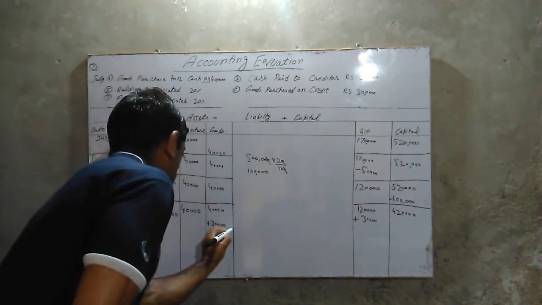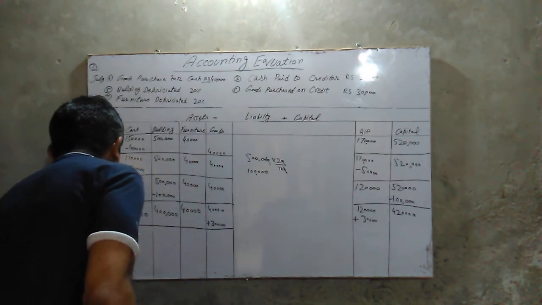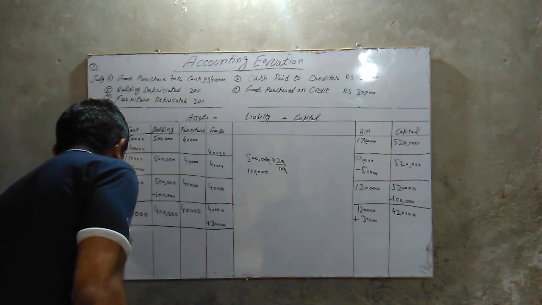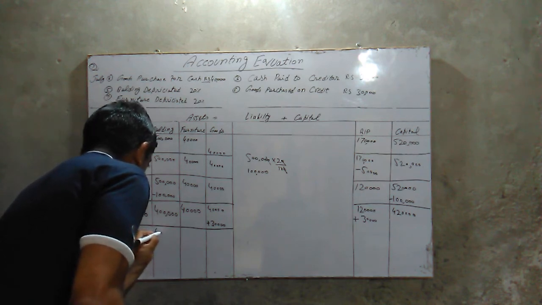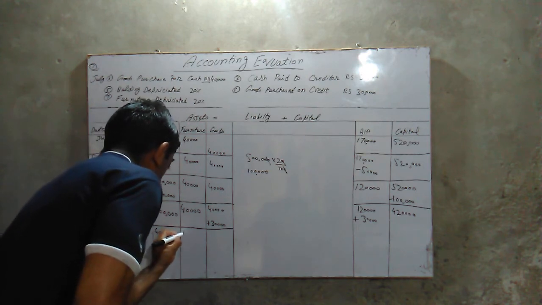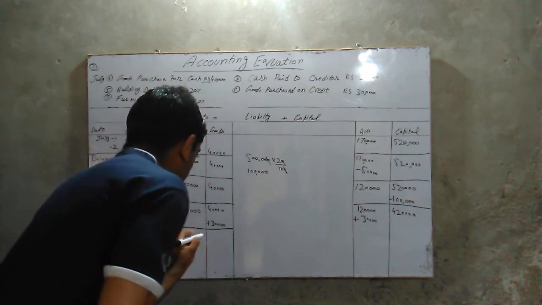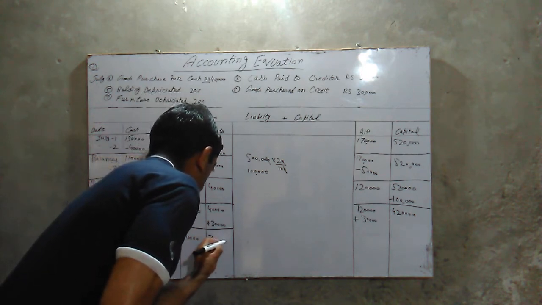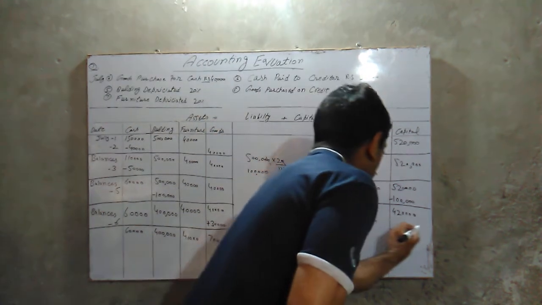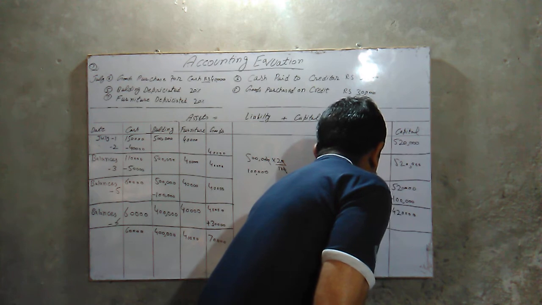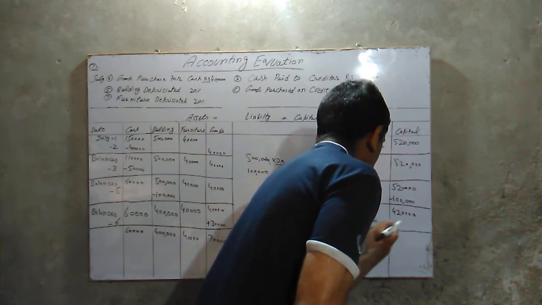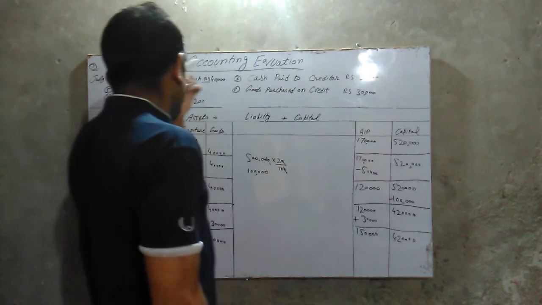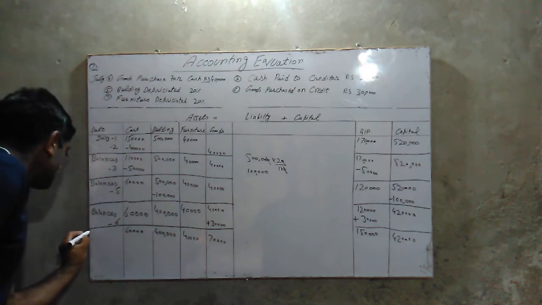Balance is 70,000 and 1,50,000 and 4,20,000. It's our balance sheet.